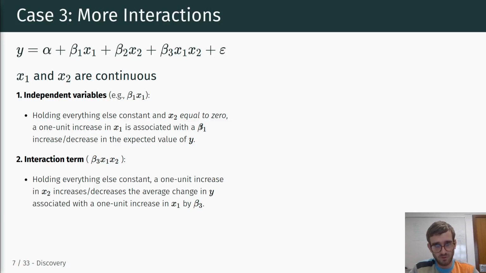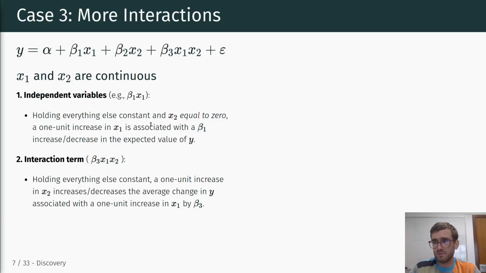So in order to avoid this, what is often done with interactions with continuous variables is to mean center them. So subtract the average value of x2 from all values of x2, so that the average is 0.